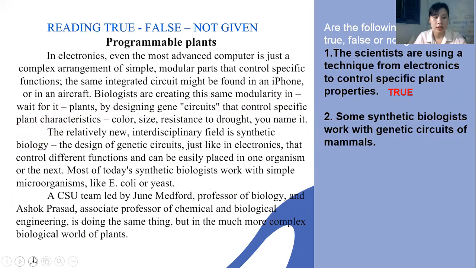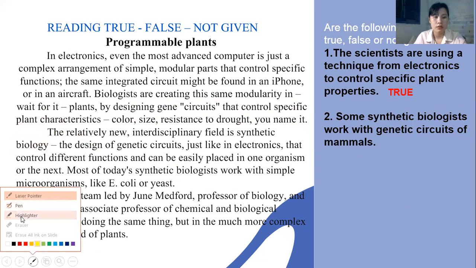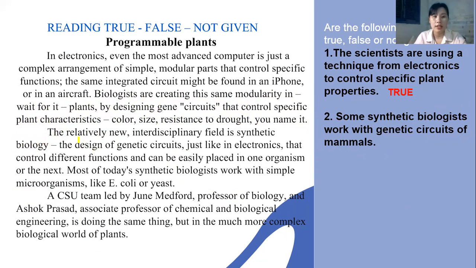Now I will highlight the keywords, right? The keywords are some, circuits of mammals. So now read the passage here and try to find more.